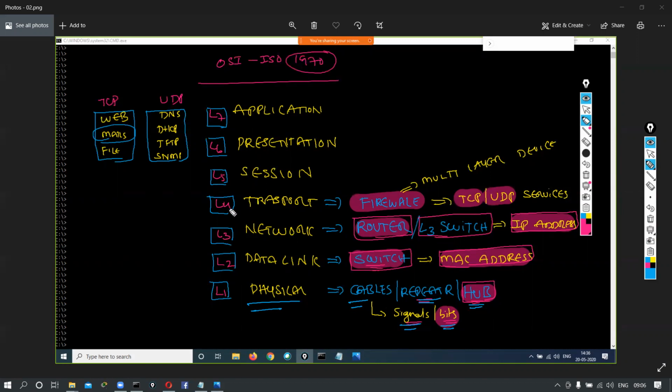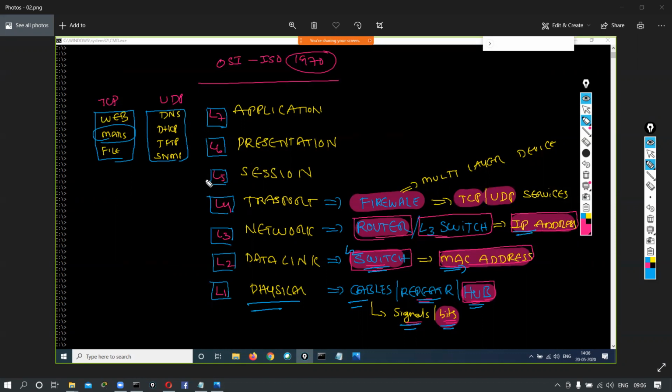Correct now? And at the data link layer, which device? The switch, called an L2 switch. It understands the L2 address, which is called the MAC address. A router is an L3 device, and an L3 switch is also L3. They understand the IP address.